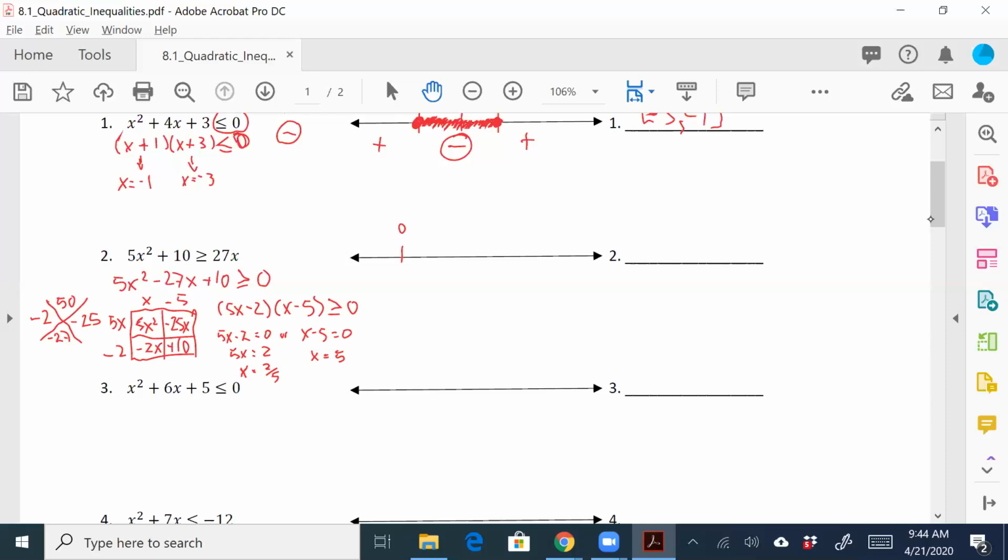So on my number line here, I'm going to put 0 just as a point of reference. 1, 2, 3, 4. I'm making these too big. 1, 2, 3, 4, 5. So here's 5. And 2/5 is between 0 and 1, and it's right about here.